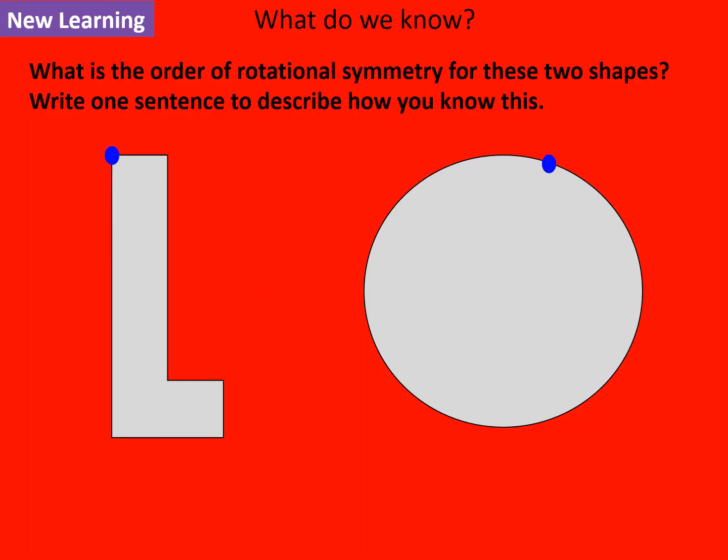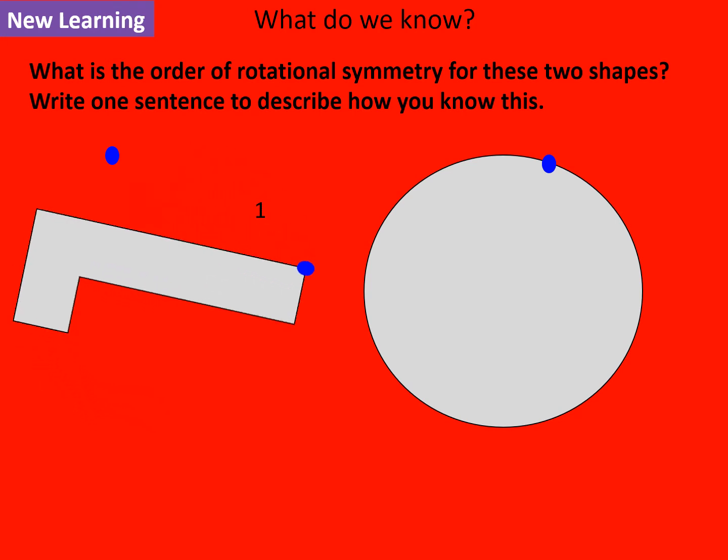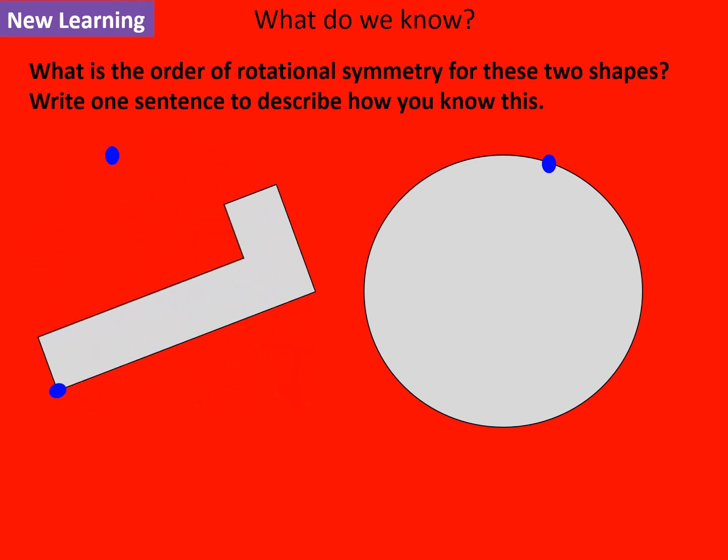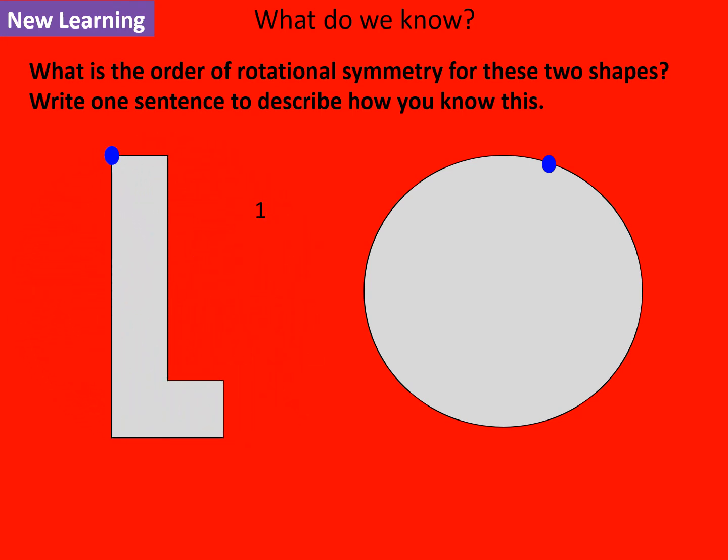Let's have a look. What is the order of rotational symmetry for these 2 shapes? Let's have a look at the L shape first. We should have an answer of 1, and this is because if you turn this shape 360 degrees from its centre of rotation, it only fits into itself once in that whole full turn. So that means the order of rotational symmetry is 1.